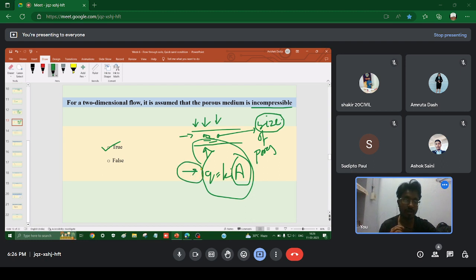So if the area of cross section, that is the pore size, is changing with time, then it will be difficult for us to calculate the amount of seepage.